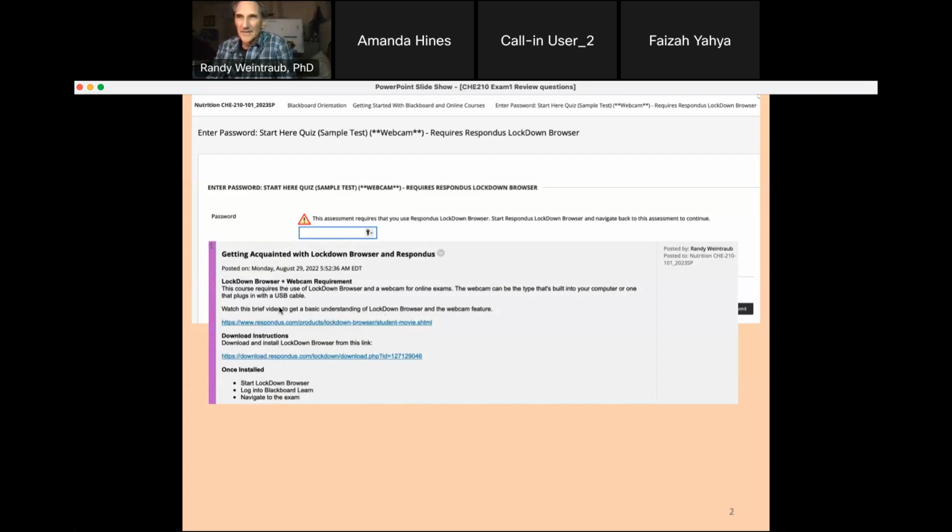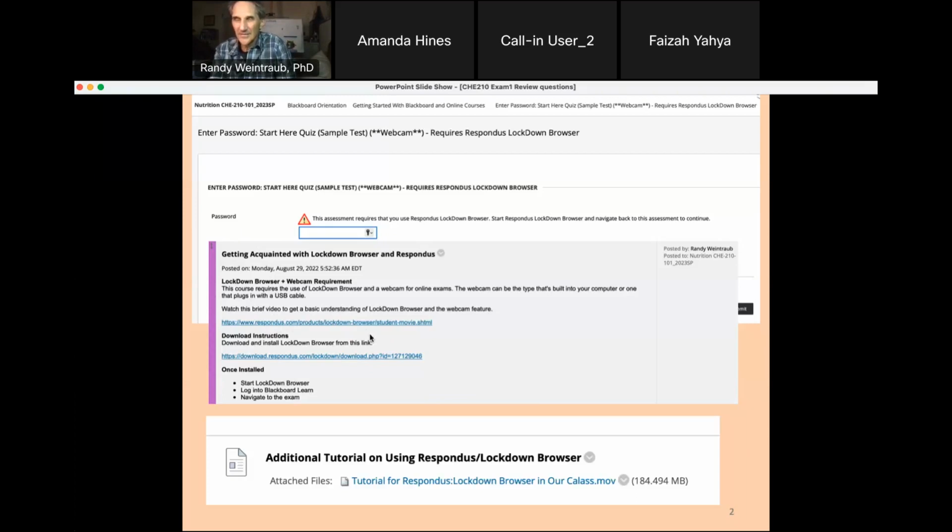This was an announcement that you click here and it goes through how to download and install the Lockdown Respondus browser.